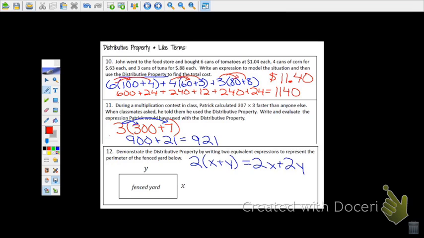Okay? Because if I didn't know that, if I added all 4 sides together, I'd combine like terms and have 2y and have 2x, which comes from that distributive property. Okay, so this is what we would be looking for as our solution.